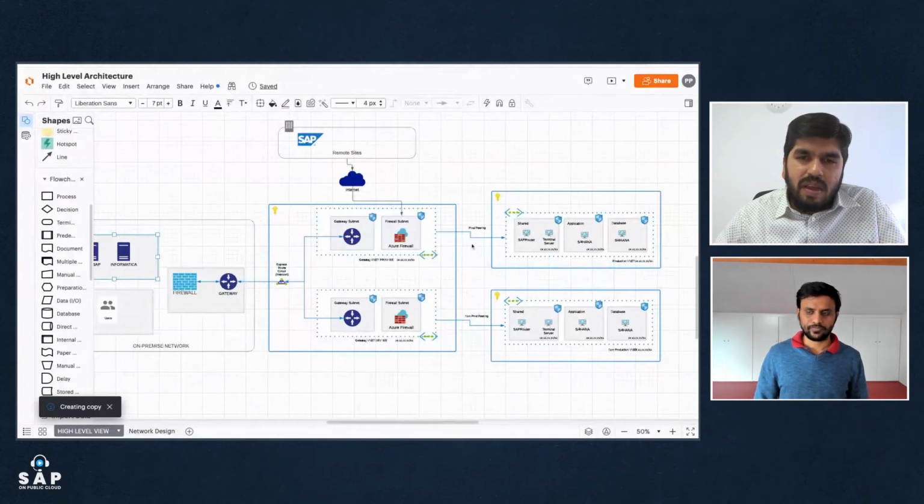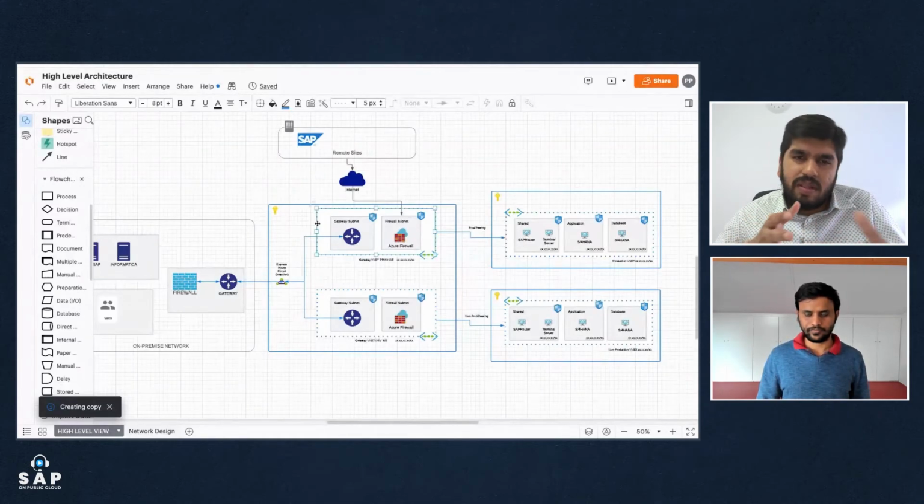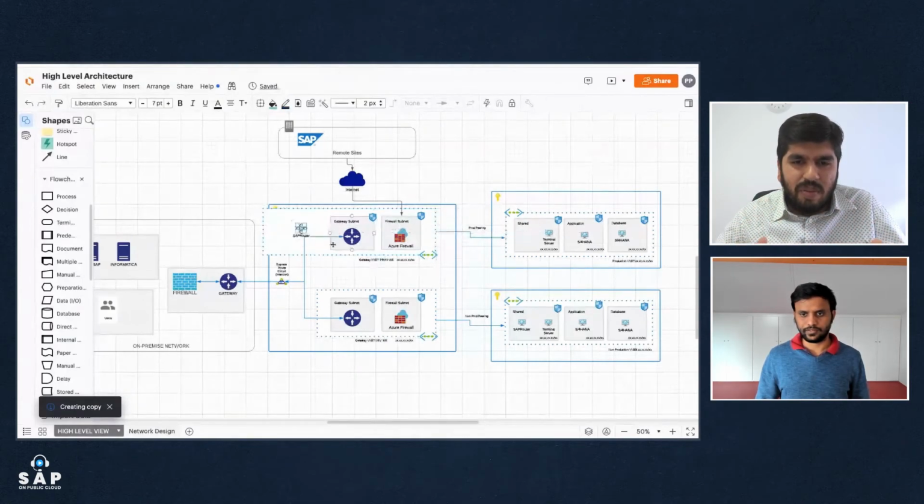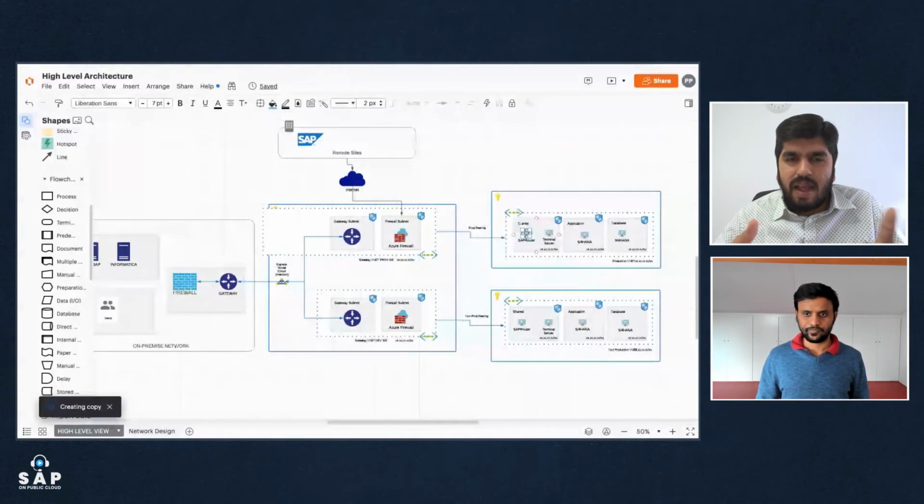Normally, some customers would keep the SAP router in the DMZ, so in the central hub VNet, where you have a DMZ subnet, and you have the SAP router running there. It can have a public IP.